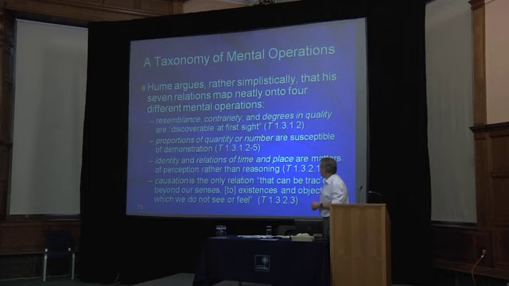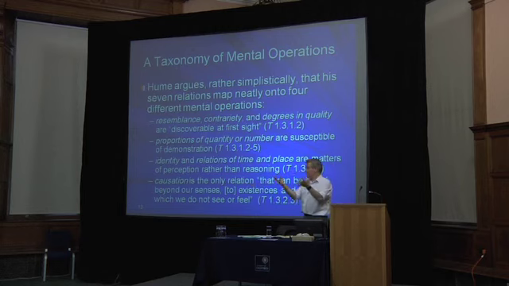Now, he argues, to my mind, rather simplistically, that this twofold dichotomy can be divided again, and that when it's divided in that way, the relations all line up neatly with certain mental operations. So resemblance, contrariety, degrees in quality are discoverable at first sight. So think of 2 things.